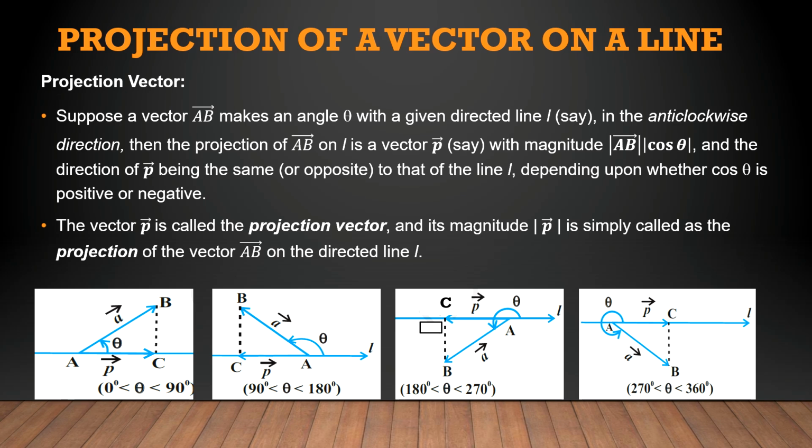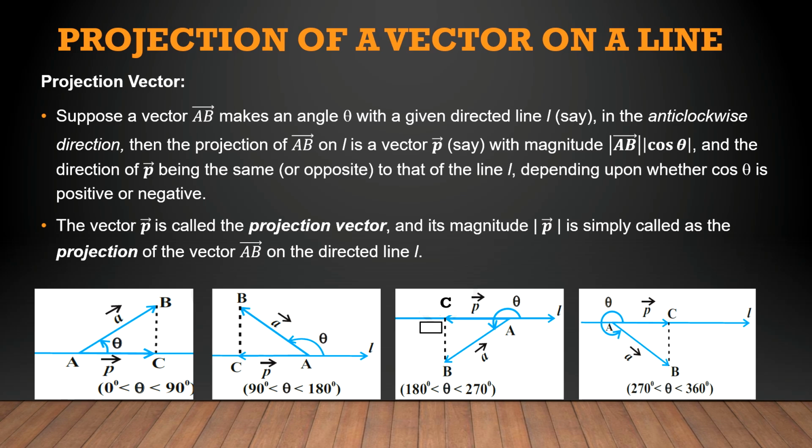Now in the diagrams, in the first figure, the angle is between 0 and 90 degrees. So the projection vector is P and your given vector is vector AB. In the second case, your angle is between 90 degrees and 180 degrees. In the third case, it is between 180 degrees and 270 degrees.